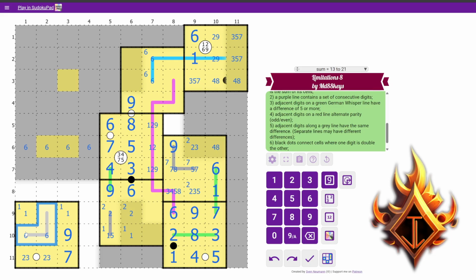So it's 4, 5, 6 or 4, 6, 8. So 4 is on here. That didn't help me at all, did it?